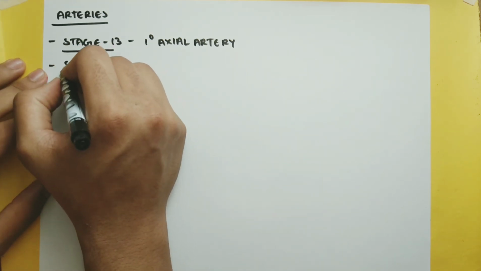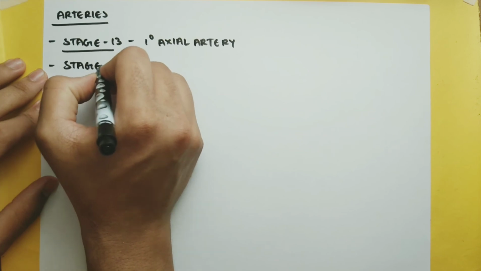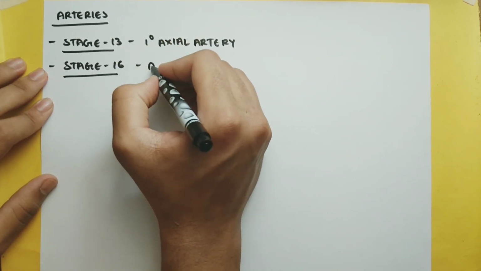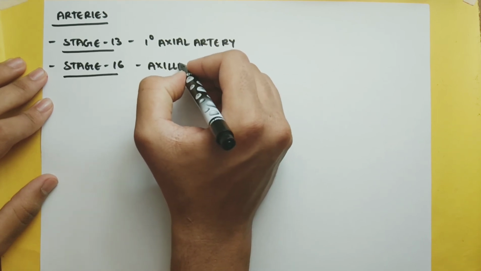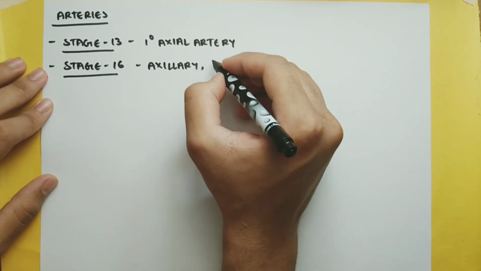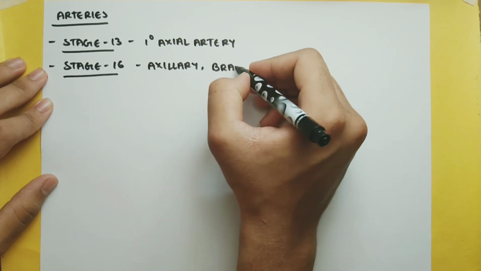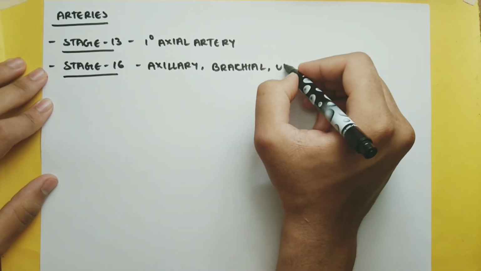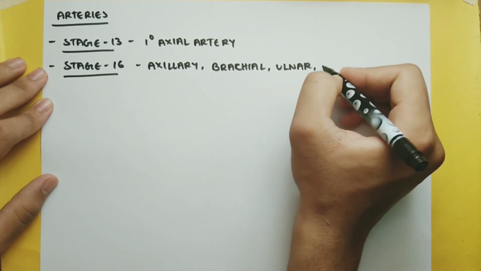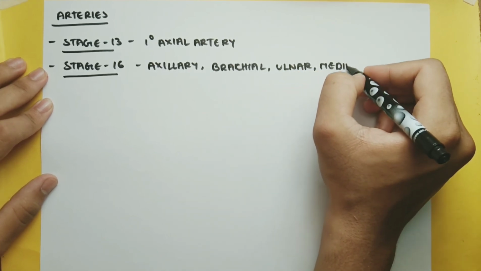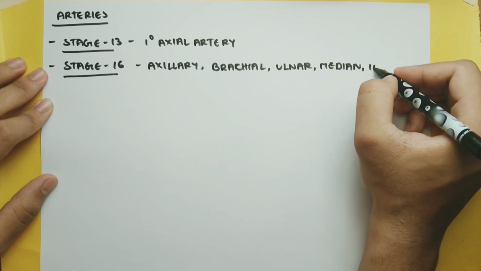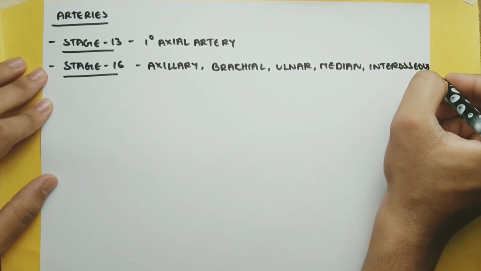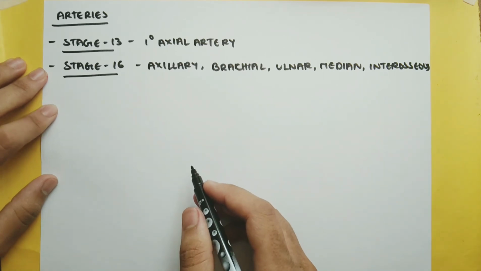And next at the stage 16, the axillary, brachial, ulnar, median, interosseous arteries are present.